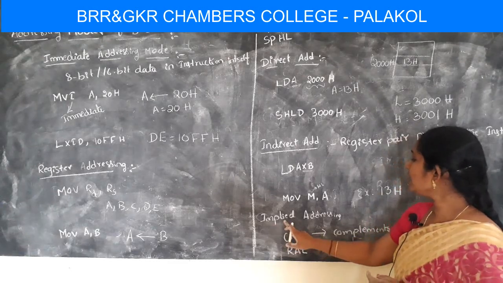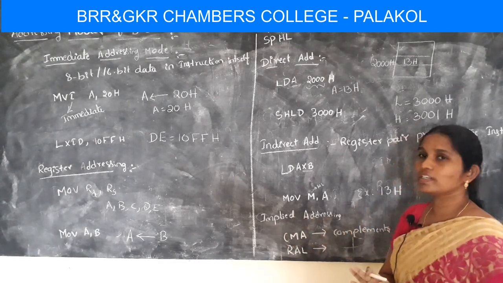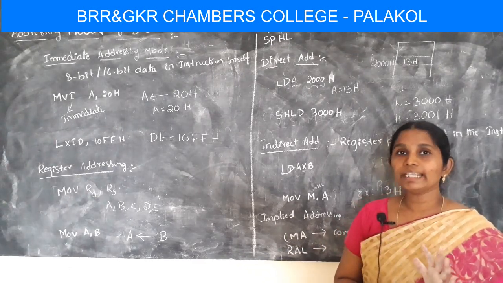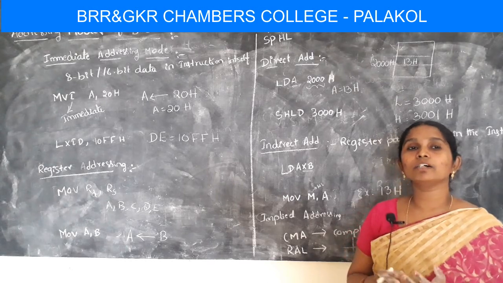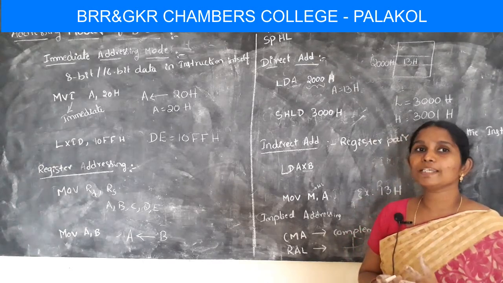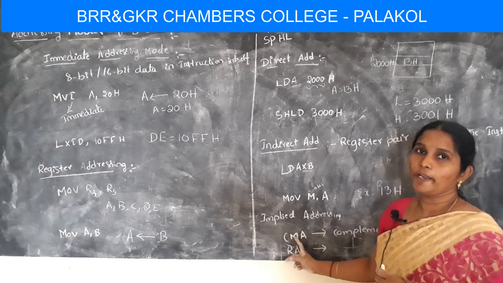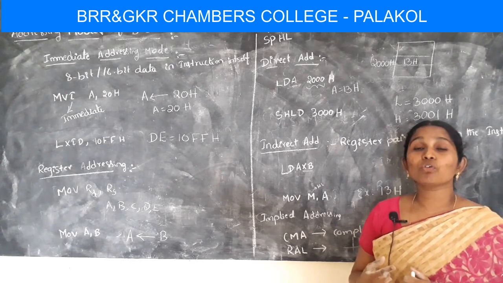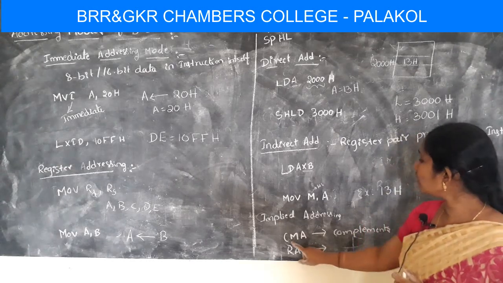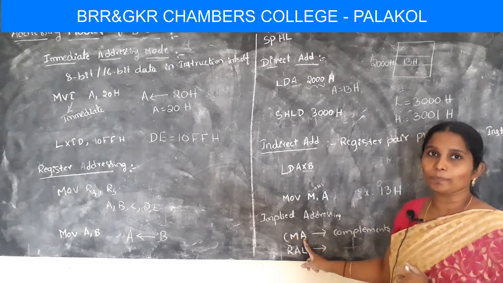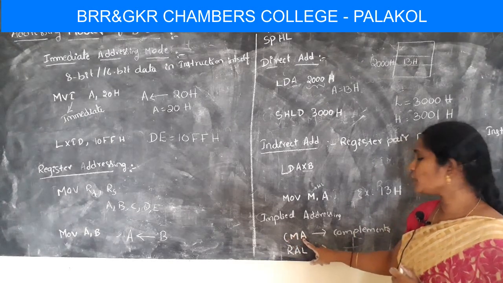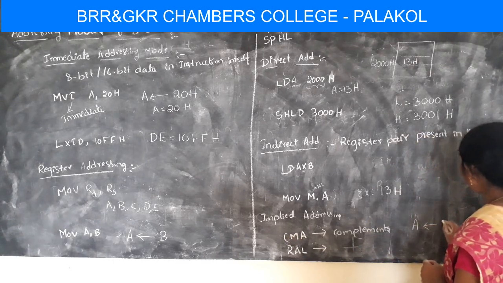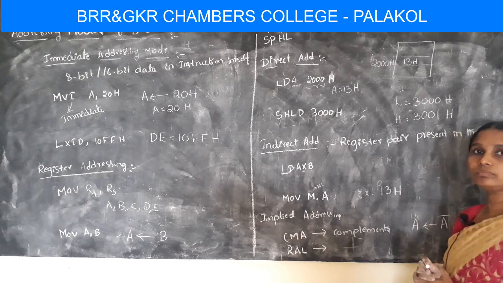Next is the implied addressing mode. In this mode, you have no need to write any registers, memory, or whatever it may be. You simply write only the opcode, that is, the opcode specifies the address of the operand. For example, CMA is complement accumulator, so A is complemented.